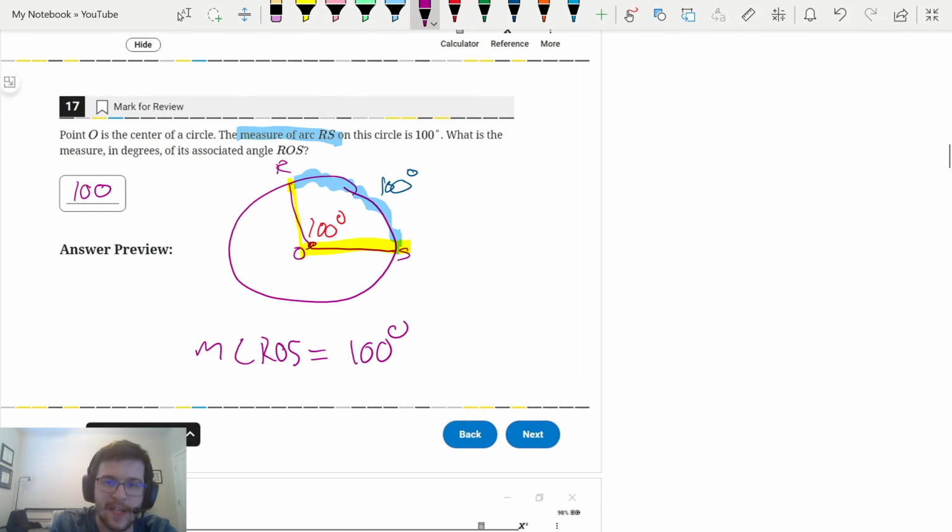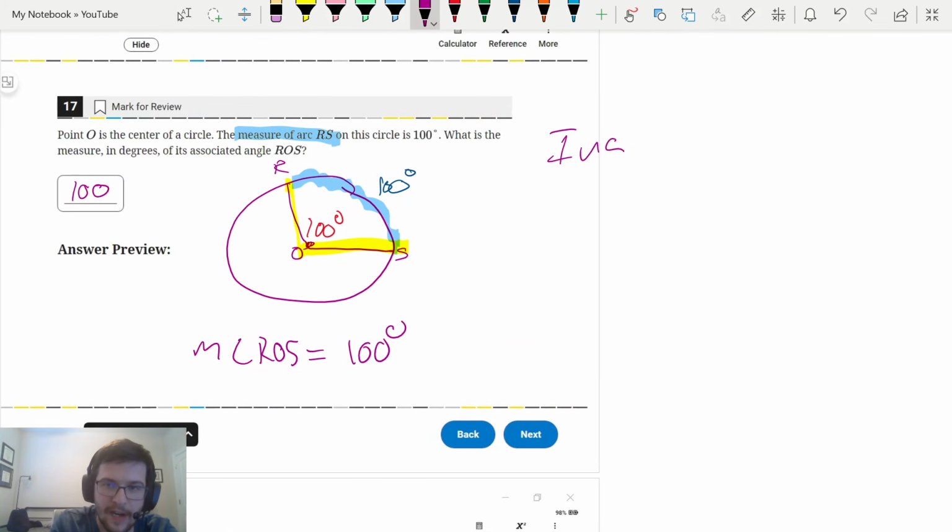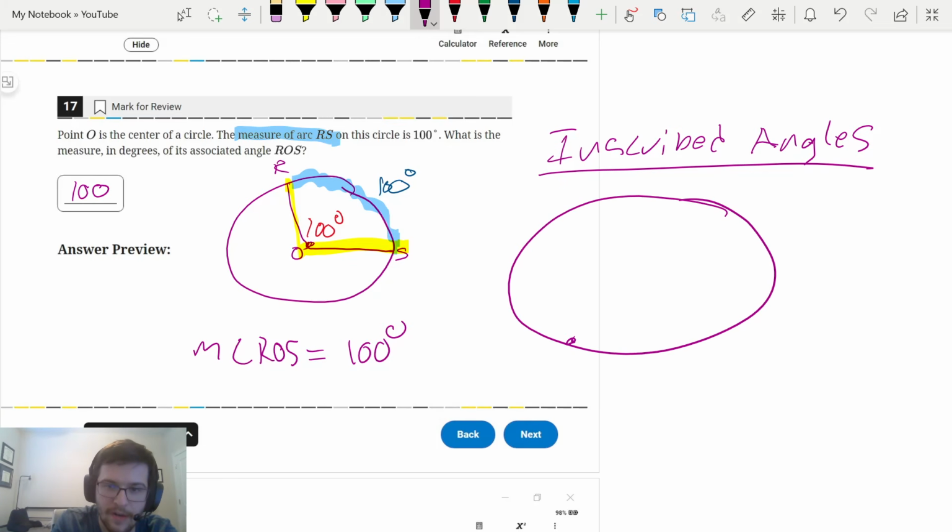Now, something they'll test you on is called inscribed angles, okay? And those look like this. See how the angle is not with the center, it's with the point on the circle.